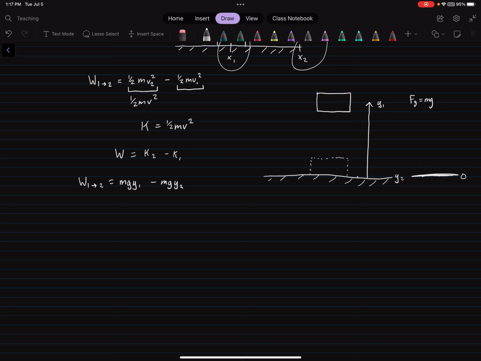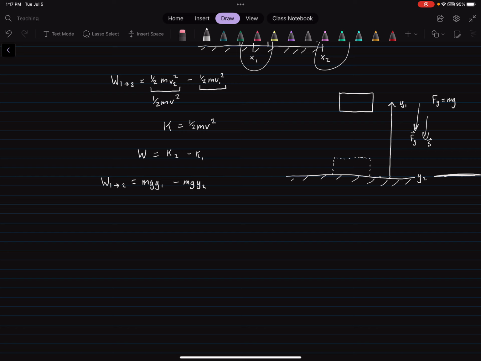And so the starting position starts at some distance y1 from the ground, and the ending position is also measured to the ground, and yet our force is acting downwards, and our displacement is downwards, right? So this is our force due to gravity, and this is also our s vector. And so, therefore, we have this reversal of a situation.